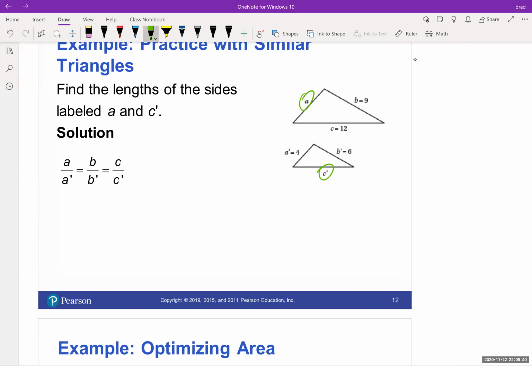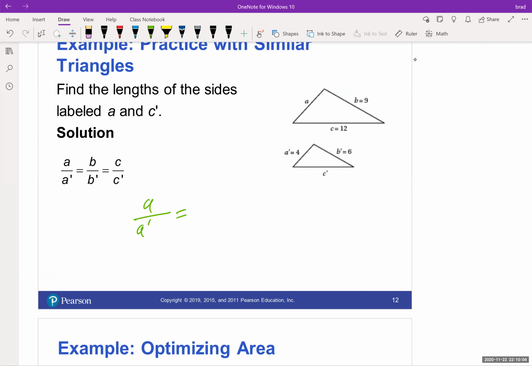The first thing I'm going to do is set up a proportion. I'm going to compare this side to this side, so A over A prime equals something. We know both of the B's, so that's the go-between.